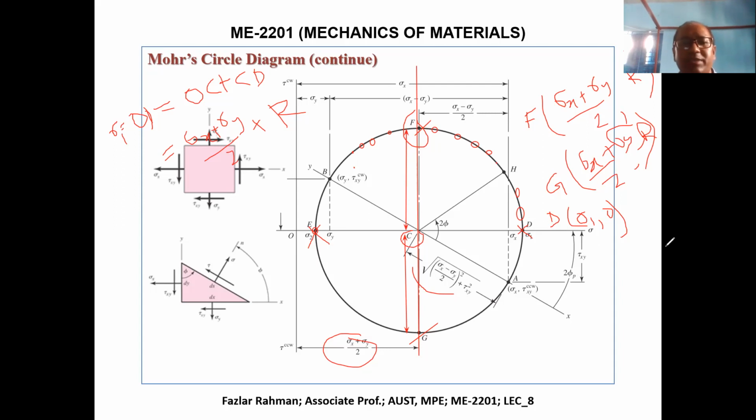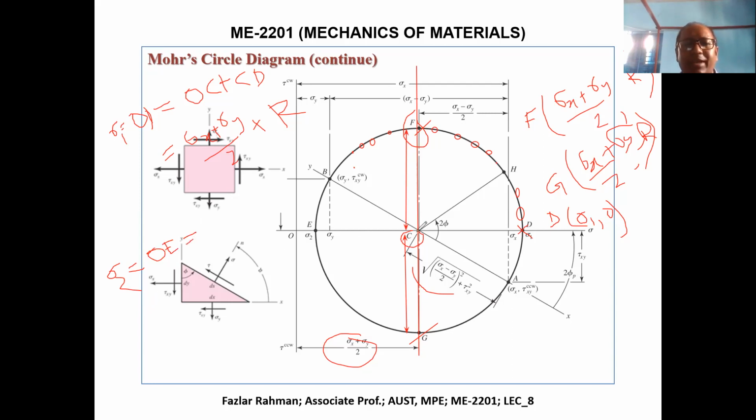Now we need to figure out sigma 2. So how do we get sigma 2? The coordinate of E is sigma 2. You see, sigma 2 is equal to OE, this distance. And how can I figure out OE?